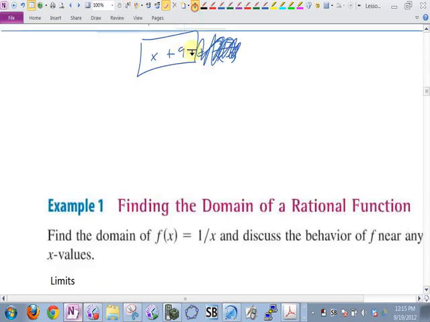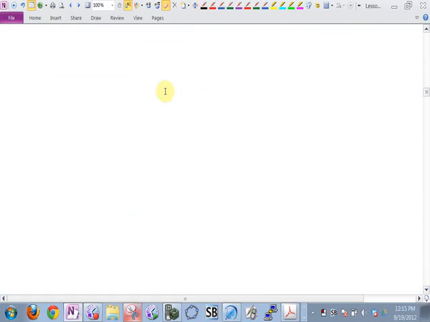Now I'm going to do you one even better. Let's take a degree 3 polynomial. No, let's do even better than that. Let's take a degree 6 polynomial for the numerator, and let's do a degree 4 polynomial for the denominator. What do you get when you divide a degree 6 by a degree 4?